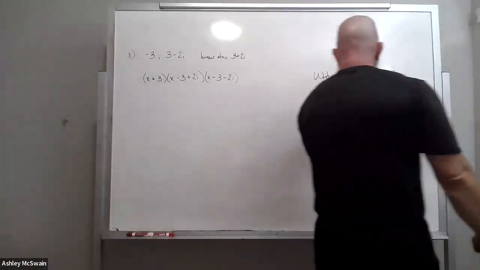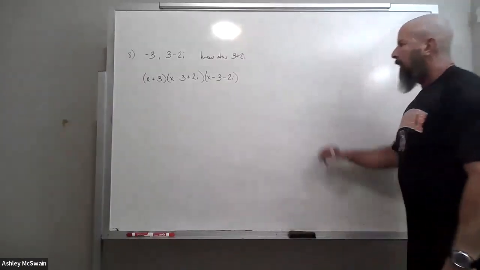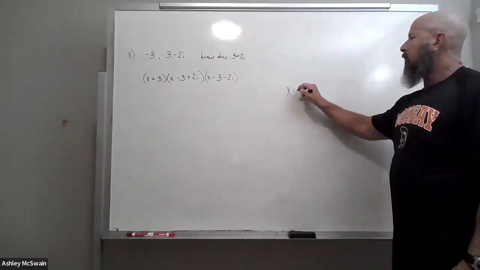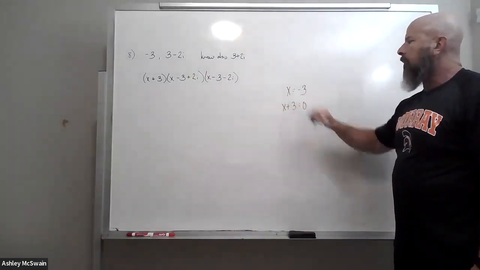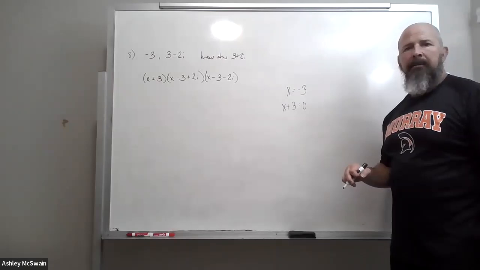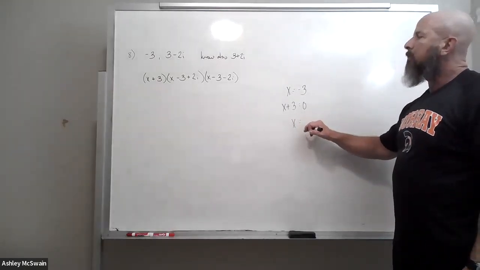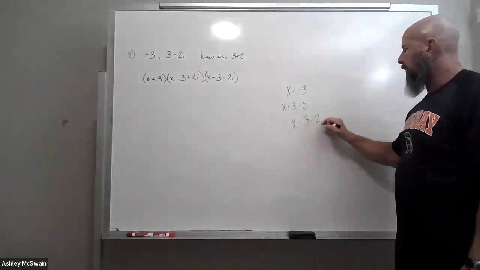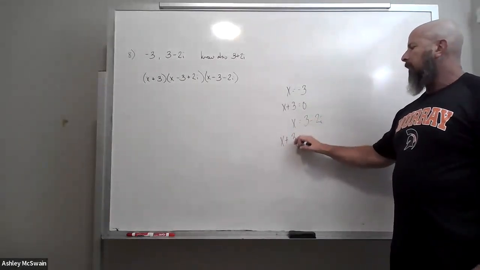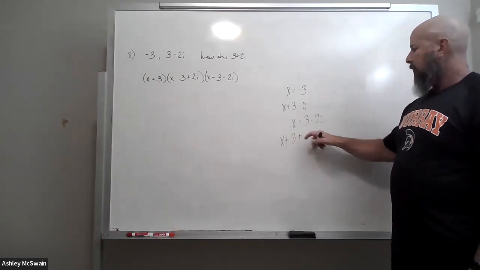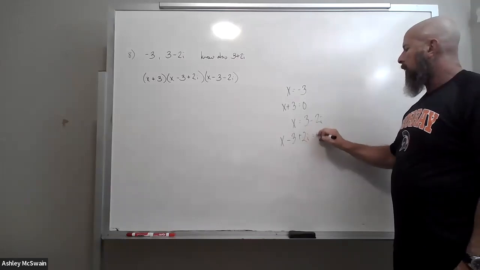Just as a reminder, this is where that's coming from. If we're saying x equals -3, that means x plus 3 is 0. There's where I got that x plus 3. If I'm saying x equals, what's the other one? 3 minus 2i, bring both those over to the left side, I'd have x minus 3 plus 2i equals 0.